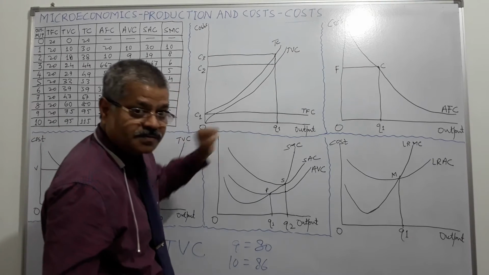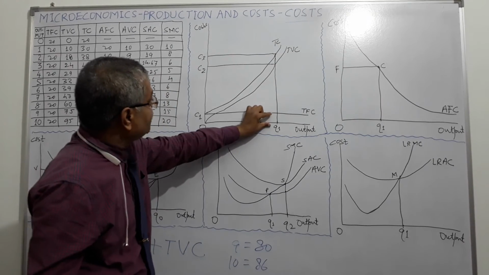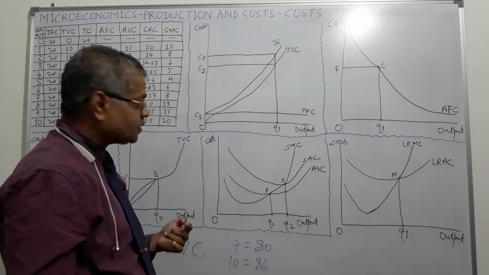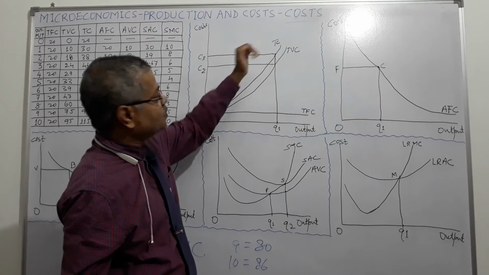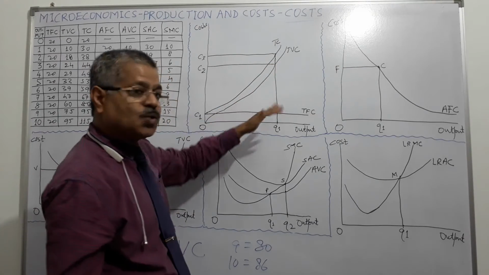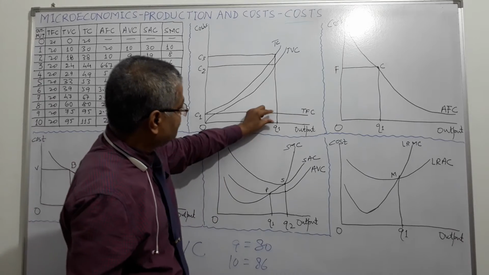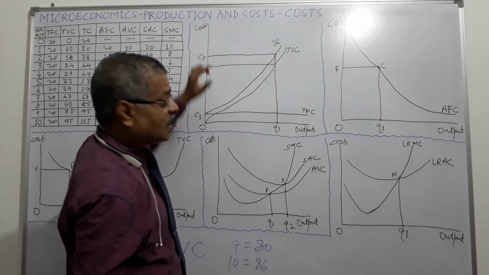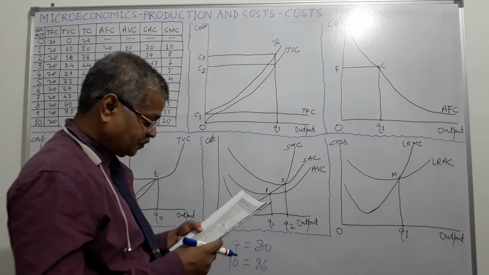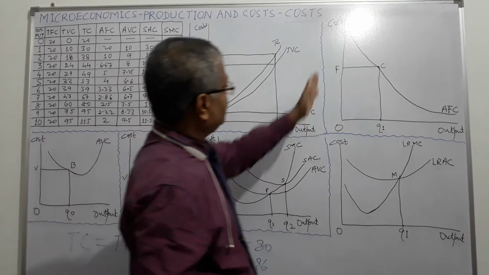This one is the difference here. It naturally means that total cost is equal to total variable cost plus total fixed cost. This and this are the same, right? Now we go to the next one.